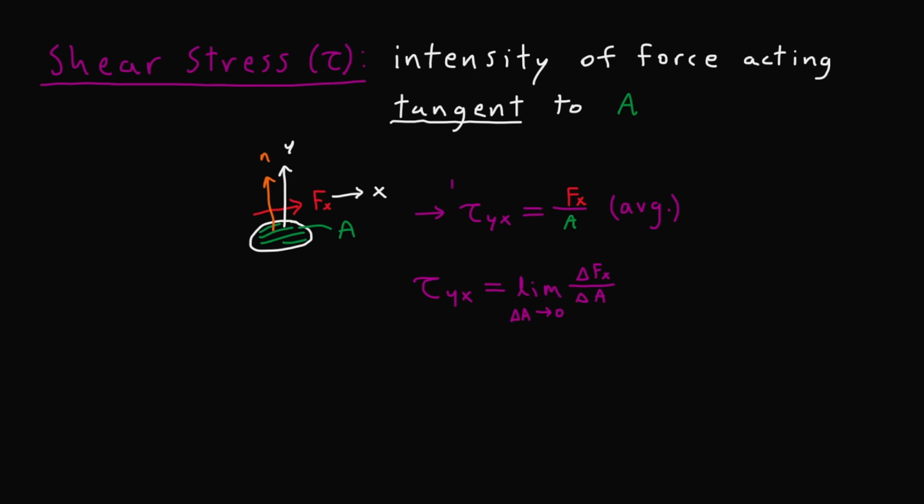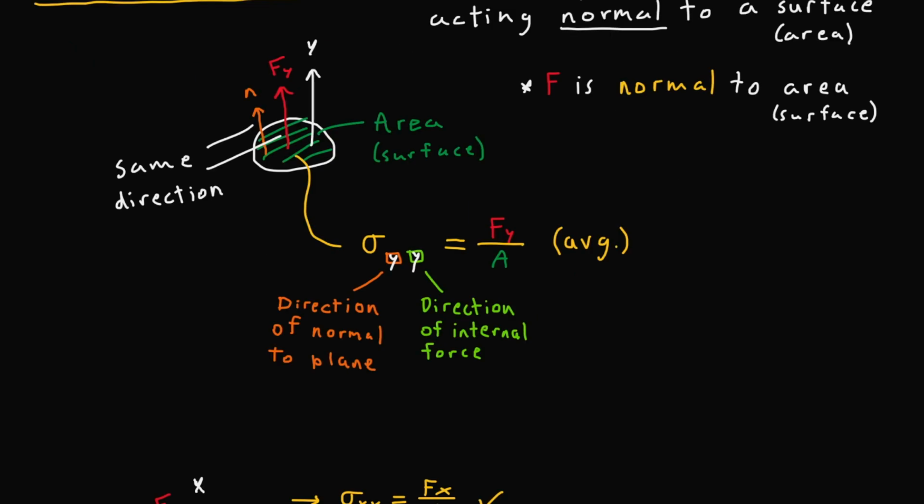But generally, we will focus more on average shear stress. And likewise, a more accurate normal stress would be sigma yy equals the limit of delta A approaches 0 of delta Fy over delta A.